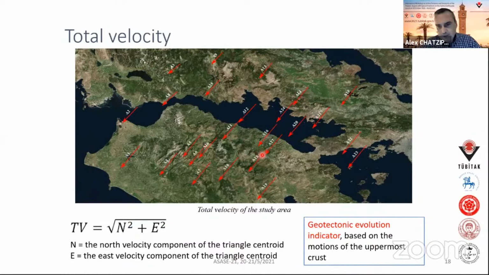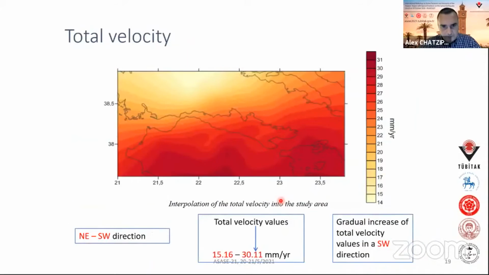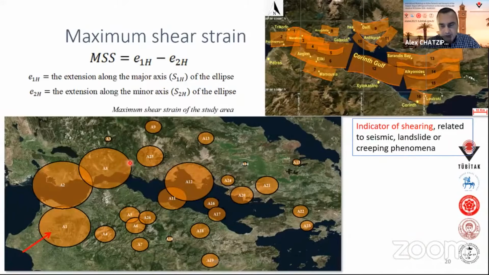This is consistent with the general geologic situation in Peloponnese, which is this area here, where the geological observations show that extensional deformation is much stronger, exposing lower tectonic units. Again, the quantitative results are not very important at this point.